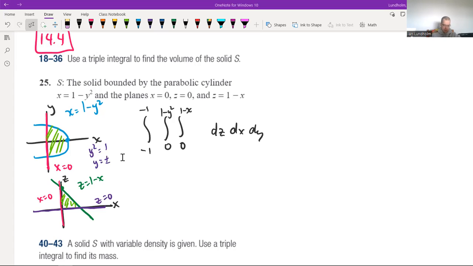That's why we need 1 and negative 1. So this looks like a good setup for that integral, and if we wanted to solve it, it shouldn't be too bad.